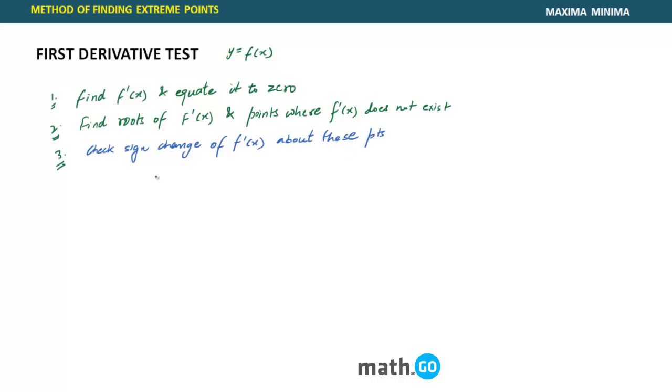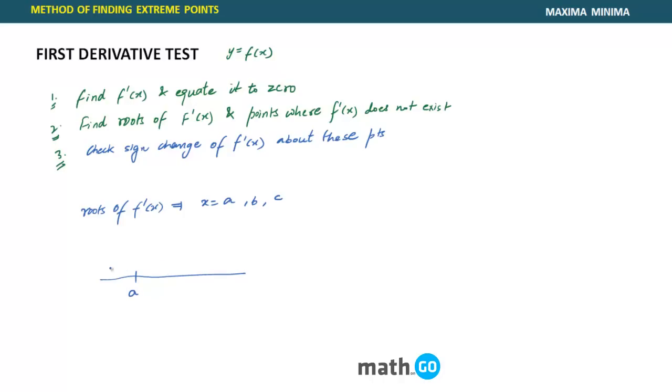So for example, say the roots of f dash x that you will get are x equal to a, b and c. What you will have to check is the sign of f dash x at, let's say, x equal to a.